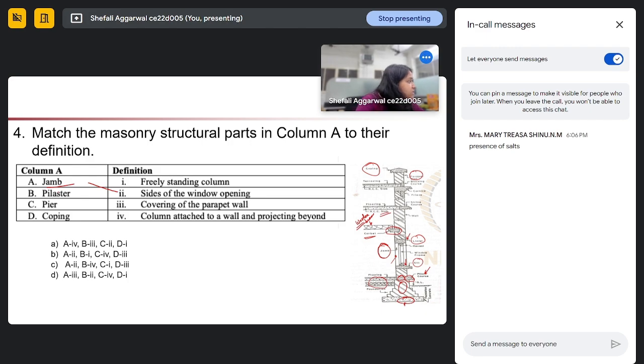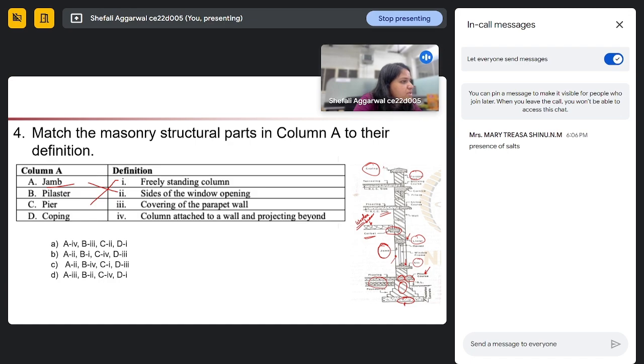Next is pilaster. Is pilaster given here? Pilaster is not given in this part. Next is the pier. We might have studied piers in footings and so on. A freely standing column is called a pier, as we all know. The last option is coping.